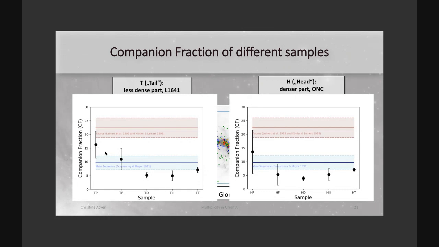So the companion fraction decreases with age. For comparison, this is what we expect for the main sequence. This is what we would expect for Taurus, for example. So as I told you, these values are just a lower estimate, so probably they will all shift up.